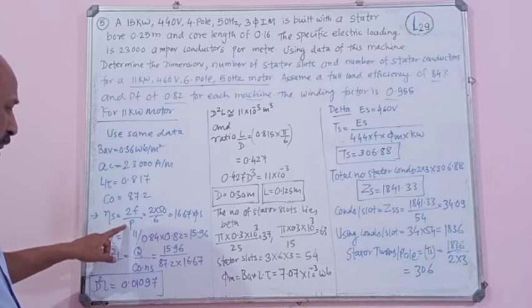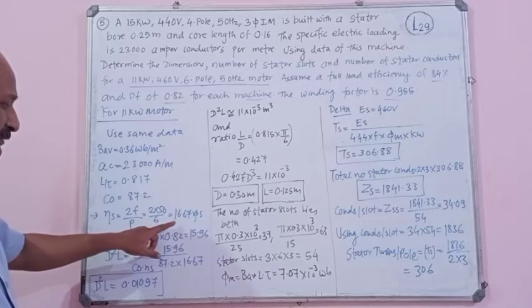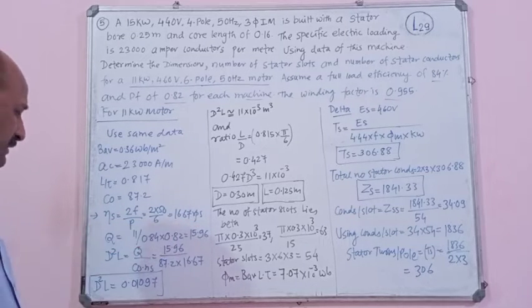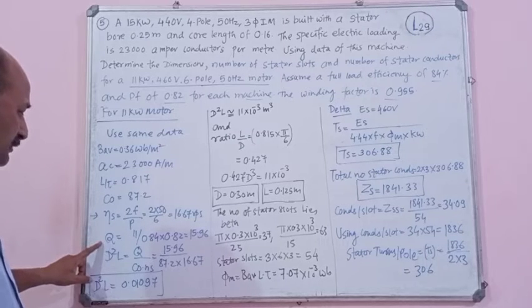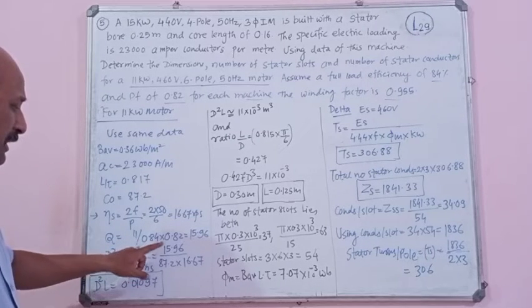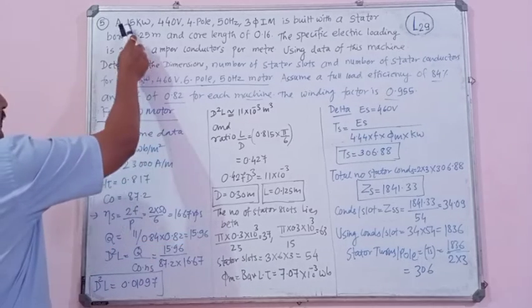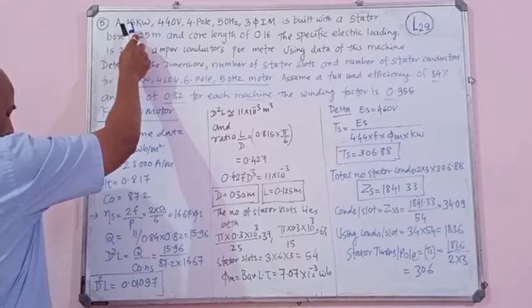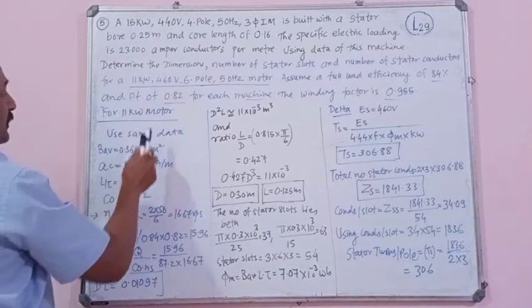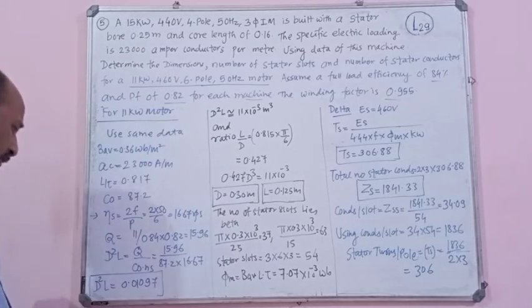So NS equals to 2F by P, 2 into 50 divided by 6 equals to 16.67 RPS. So new value of Q equals to 11 divided by 0.84 into 0.82, that is 15.96. Why? Because in the first motor the rating was 15 kilowatt, for this motor 11 kilowatt.